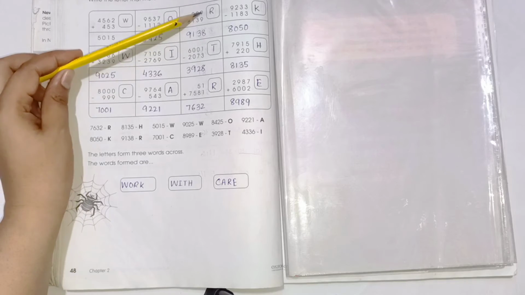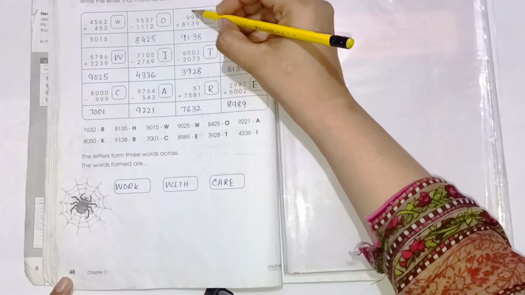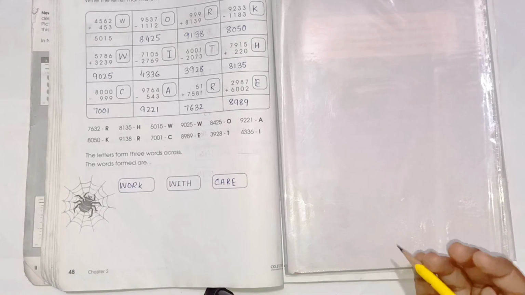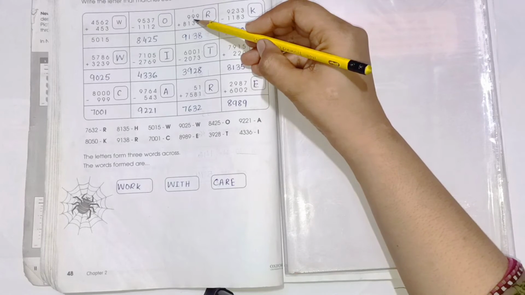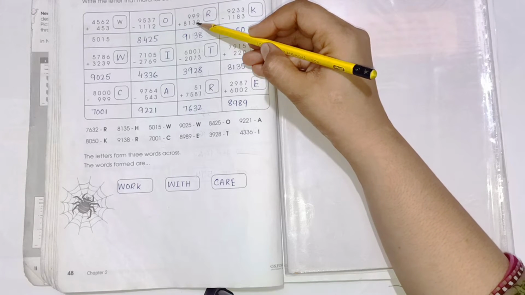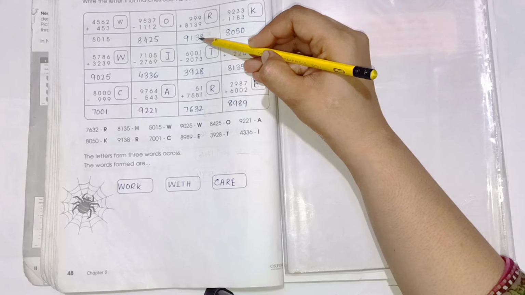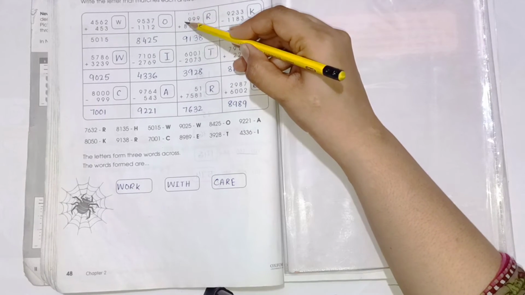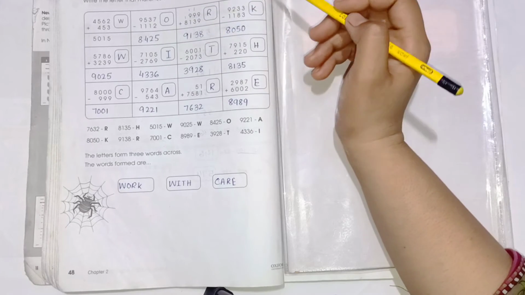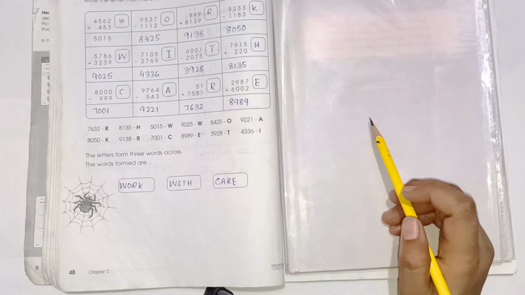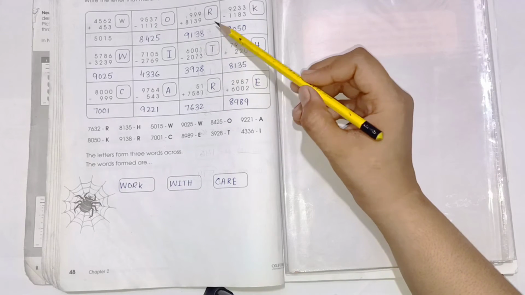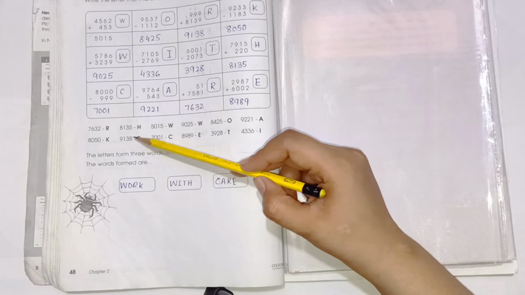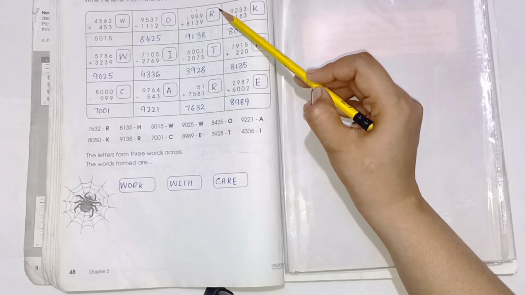We have to add these numbers. 9 plus 9 is 18. 1 on the next number. 9 plus 3 is 12. 12 plus 1 is 13. 3 here and 1 on the next number. 9 plus 1 is 10. 10 plus 1 is 11 and 1 on the next number. 8 plus 1 is 9. So this is addition. Now 9,138. 9,138 is R. So we are going to write R here.